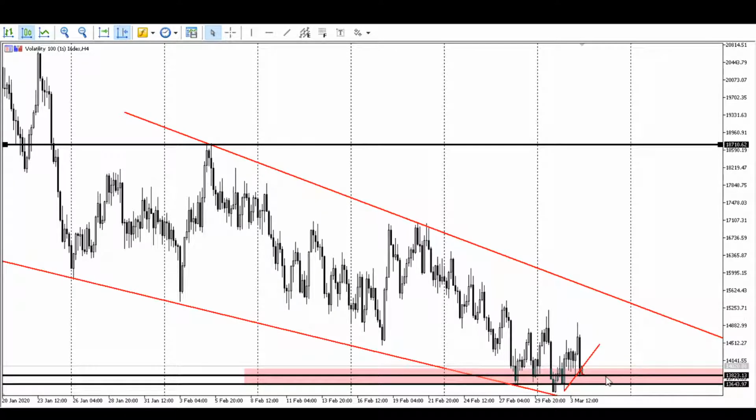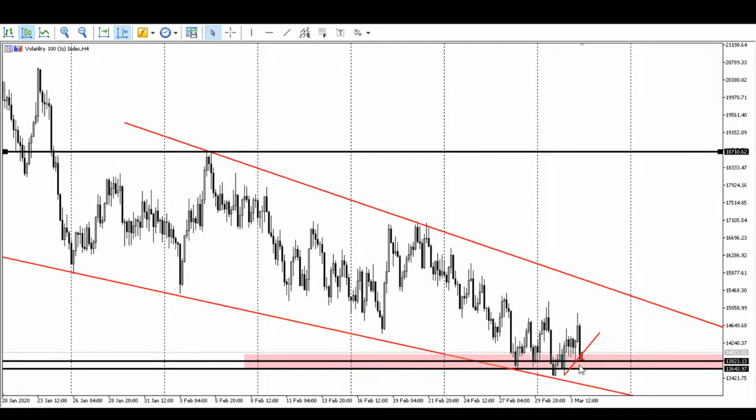What the market did here shows us they failed also to break the previous week. They broke it, but it was a funky breakout. Then they came to close above this level. So there is high probability that the market will shoot up to here. That will be the first target, and when they break this trend line and retest it, we will go all the way up to this level.